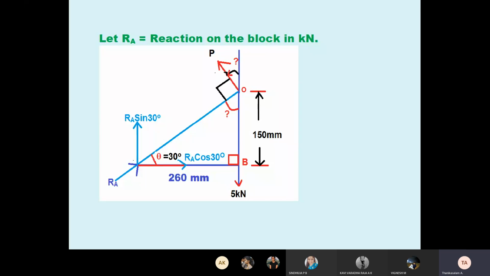See, P is at an angle of 90 degrees, a different one. Now with respect to the y-axis, what is the angle? Class representative, can you tell me? I put a question mark at O. What is the angle inside the triangle?